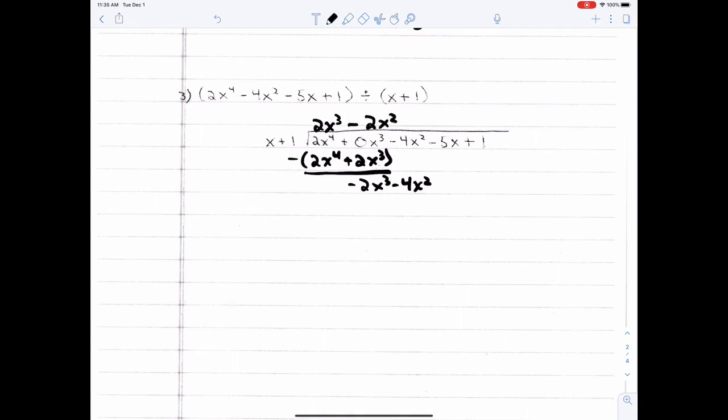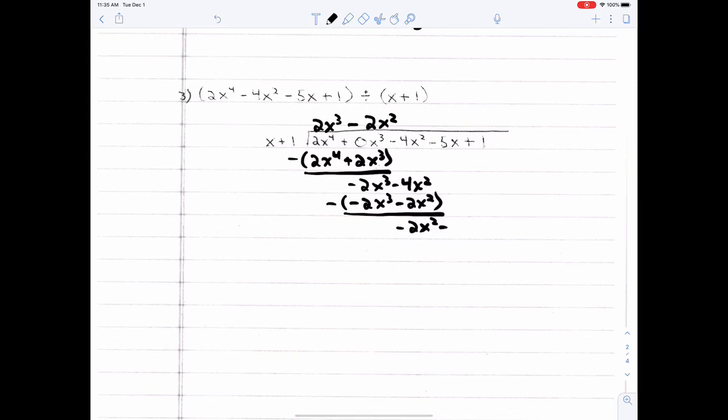And now we multiply and subtract. So we have negative 2x cubed minus 2x squared. And now I subtract the whole quantity. And again, you should be trying this on your own before you see me do it. So the x cubes go away, and we have negative 4x squared plus 2x squared. So that's negative 2x squared.